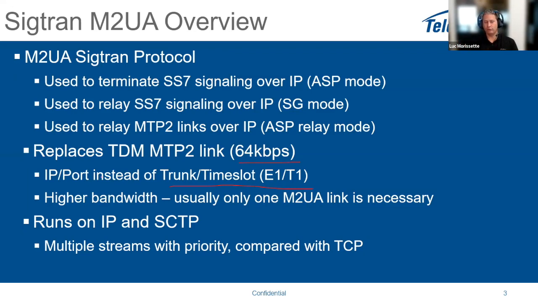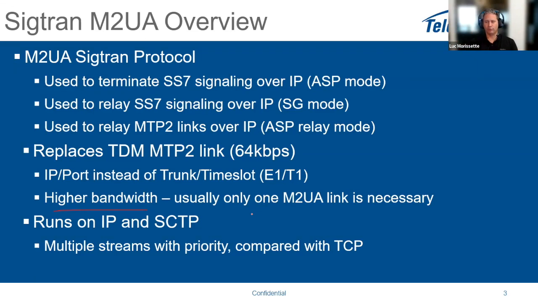But when you use M2UA, then you use an IP port instead. So it's a local IP, local port, destination IP, destination port. Since it's over IP, you also have higher bandwidth. And usually only one M2UA link is necessary to carry all the MTP2 links. So all the MTP2 links are regrouped into one M2UA SCTP association.